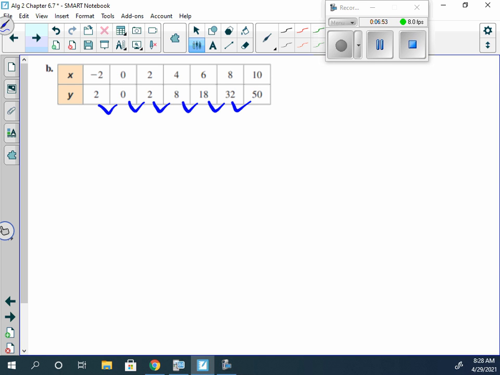What is the difference between 2 and 0? Negative 2, because we're going down. 0 and 2 is 2. 2 and 8. 8 and 18. 18 and 32. 32 and 50.